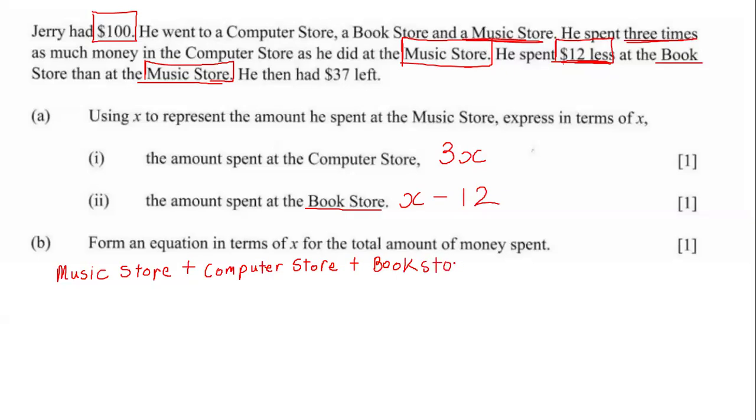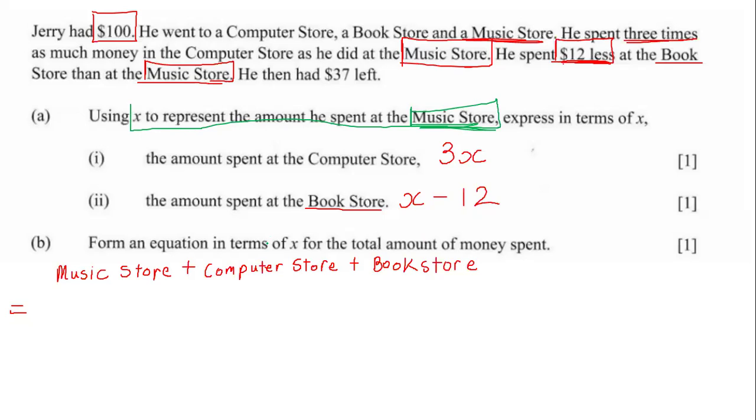And so we have music store, computer store, bookstore. What's the amount of money spent at the music store based on the question? X. Because it says X is used to represent the money spent at the music store. Now this makes sense.